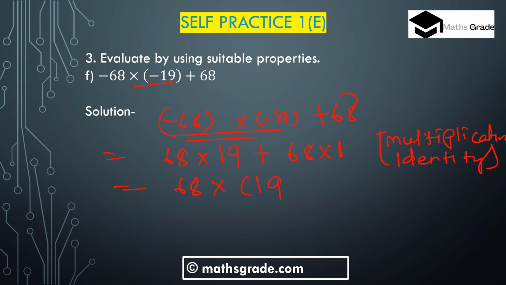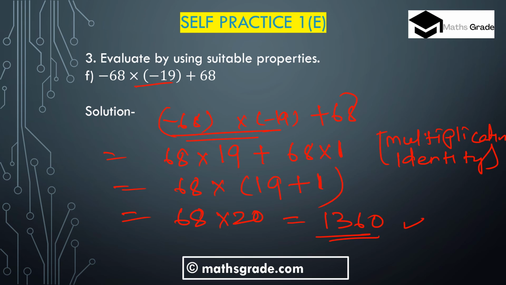Now 68 multiplied with 19 plus 1. Here 68 is common, so 68 multiplied with this 19 plus 1, and 19 plus 1 is put inside the bracket. 19 plus 1 is 20. Now 68 multiplied with 20: 68 multiplied with 2, 2 sixes are 12 and 2 eights are 16, 12 plus 16 is 136, and 0.